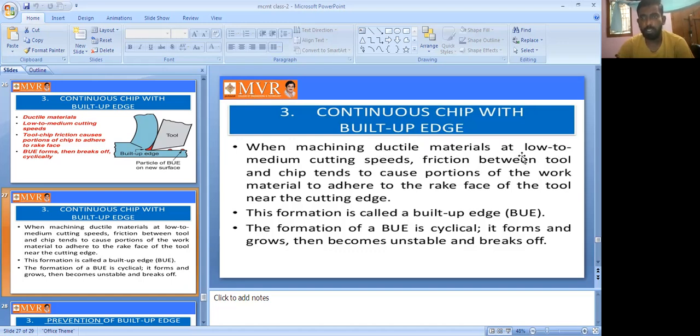Friction between the tool and the chip tends to cause a portion of the work material to adhere to the rake face of the tool near the cutting edge.